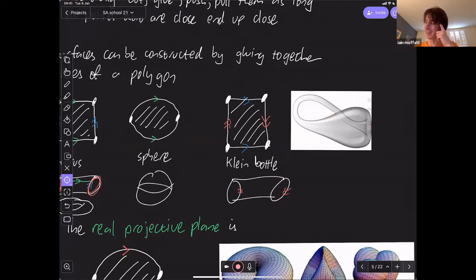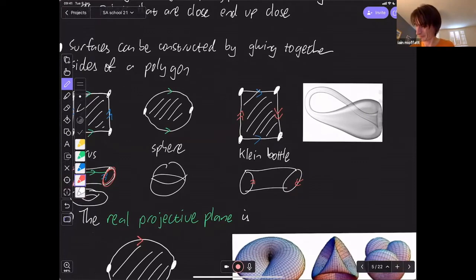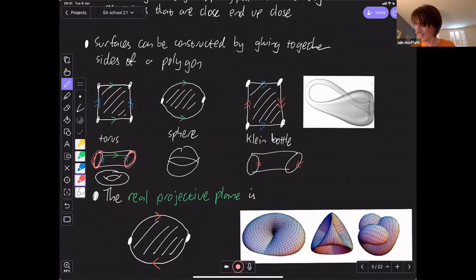Again, a lot of you will have seen these ideas of how to get the surfaces from polygons. Coming back to this sphere example here, I took my disk, my 2-sided polygon, and I glued the sides together so these arrows matched. But I could change this construction and reverse one of the arrows.